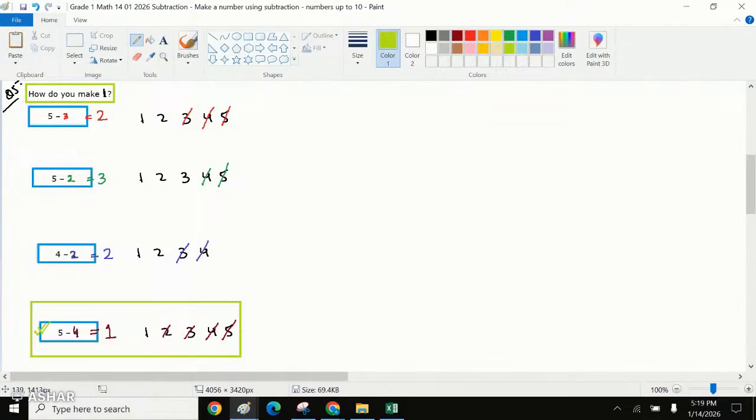Like 5 and 3 are not one after another because there is 4 also. 5 and 2 has 3 and 4 in the middle. 4 and 2 has 3 in the middle. But 5 and 4 are consecutive numbers because when we do the counting 1, 2, 3, 4, and right after 4 is 5. So when they are consecutive numbers and they are being subtracted, the difference will always be 1. Okay, let's try another question.